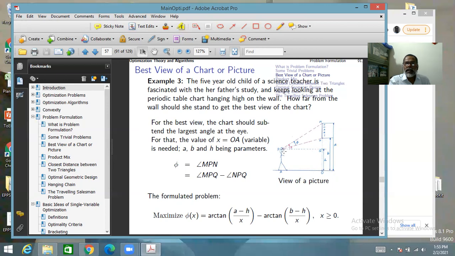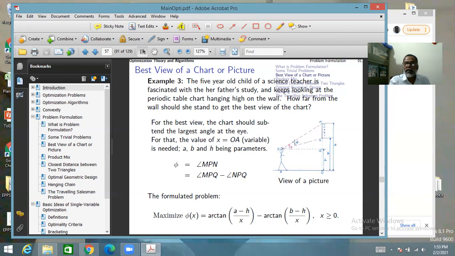So, this is a child, this is her eye at the height h from the floor, and this is a picture. This is a chart. Okay. So MN is the chart, and the angle the chart makes at her eyes, that is say phi. This angle is what you need to minimize. Okay, sorry, maximize.